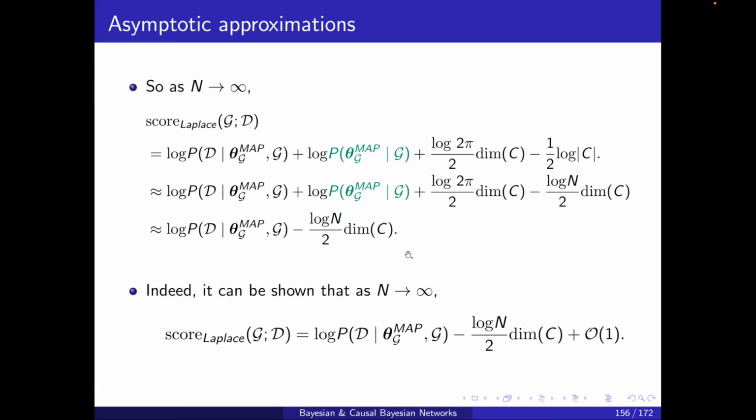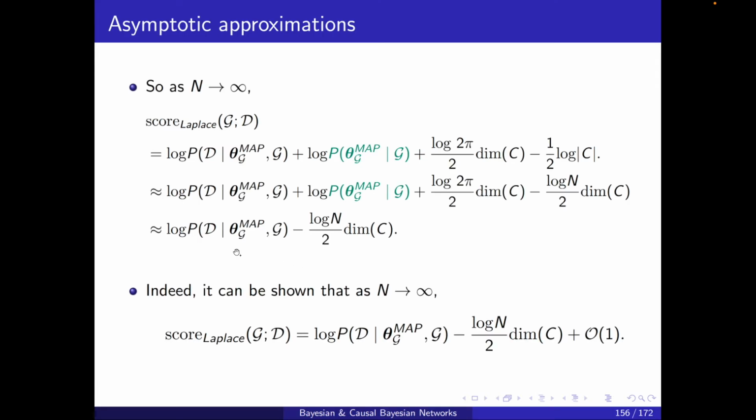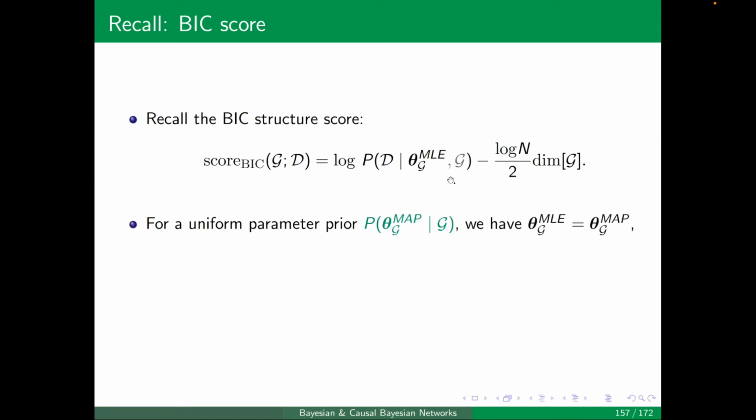Okay. So you may say that, well, this is quite familiar. I had the BIC score right here, just that there we had the dimension of G, the number of parameters, which we saw was basically the dimension of C, but here we had MLE. So what should I do about that? Well, for a uniform parameter prior, then MLE and MAP will become the same, right?